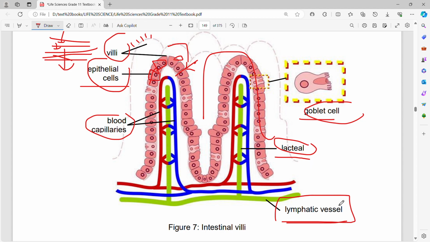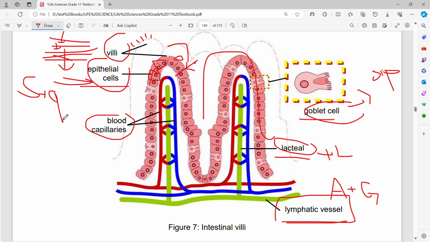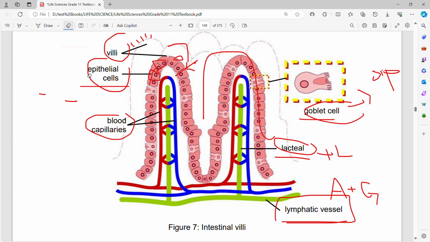For lymphatic vessels, you can say A and G: amino acids plus glucose. Lacteal will be L: lipids. Goblet cell will be slippery, why? Because it will secrete mucus. Epithelial, because it is single layered: S, single layer, so there will be quick absorption, QA. So these are the short key points you can use to remember your work, right?